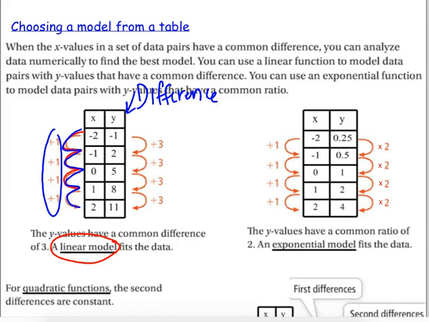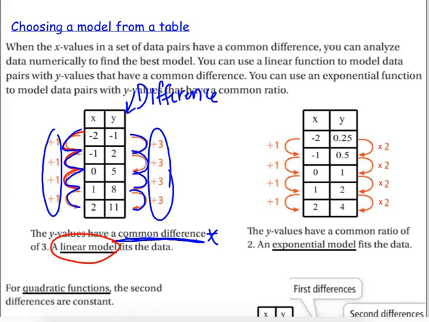From 1 to 2 is plus 3. From 2 to 5, I'm adding 3 more. 5 to 8, another 3. 8 to 11, another 3. So do you guys see how we got the same thing? The whole time it's going up constantly. Think, that's a line. It's constant. So the y values have a common difference. That's your key there. They go up at a constant rate.